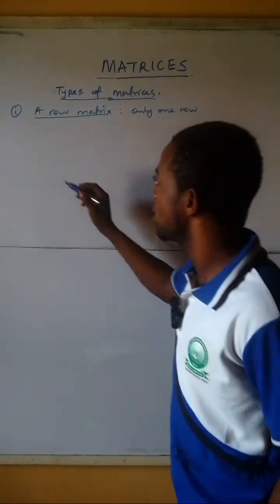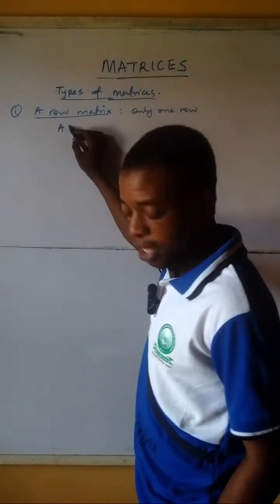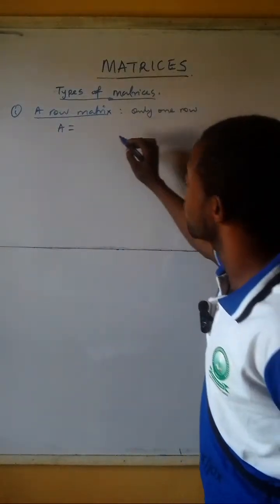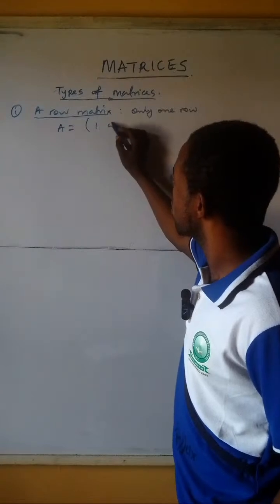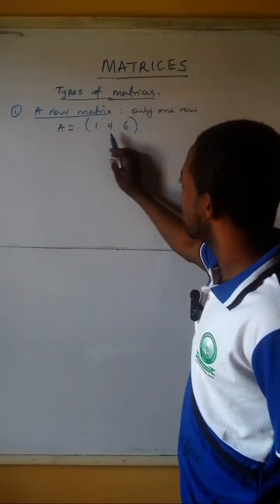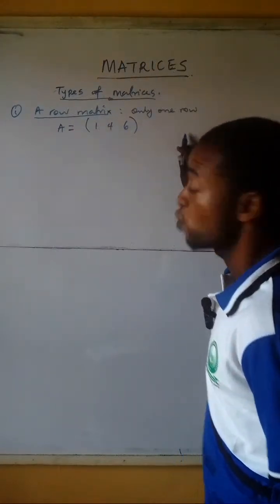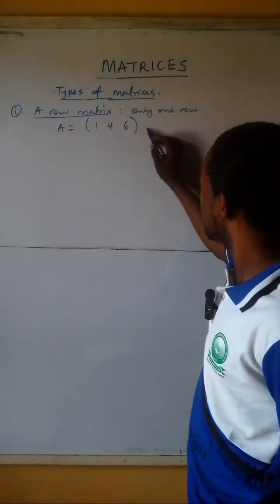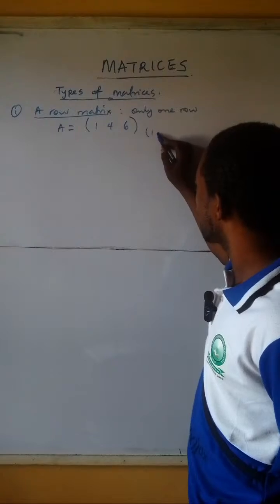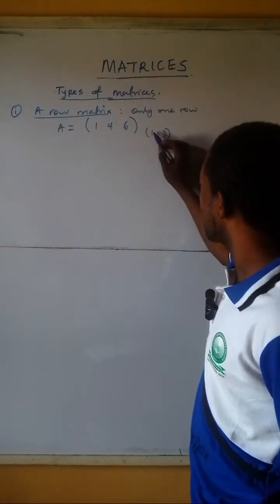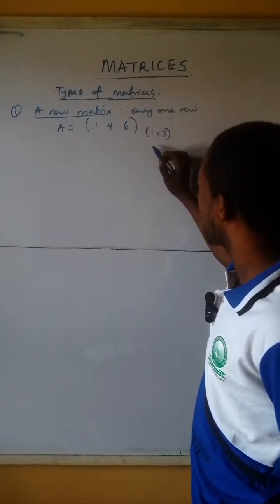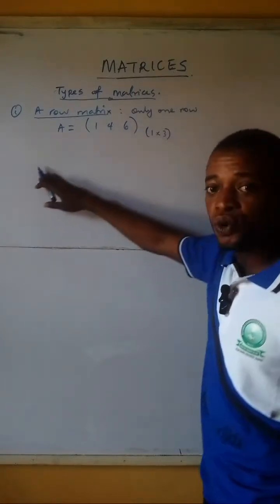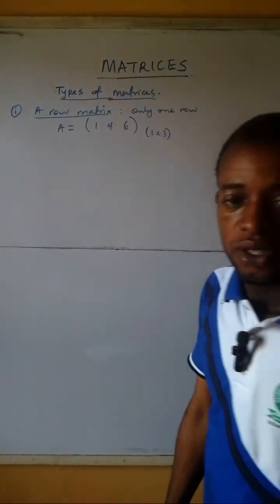For instance, let's have a matrix A here, which equals 1, 4, 6. We discover that this matrix has just one row, but has 3 columns. So it means here the order of this matrix is 1 by 3. That's 1 row, then 3 columns. So this is just a row matrix.